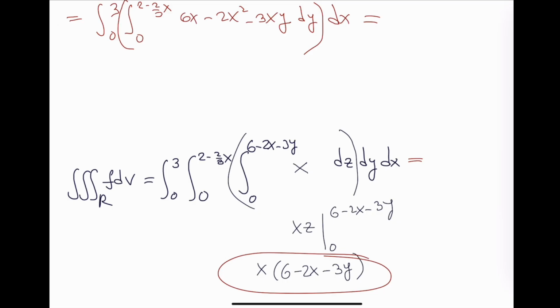So considering now that the variable is y. So the primitive of this with respect to y is going to be then 6xy minus 2x squared y minus 3xy squared over 2. And we need to evaluate this between 0 and 2 minus 2/3 x.